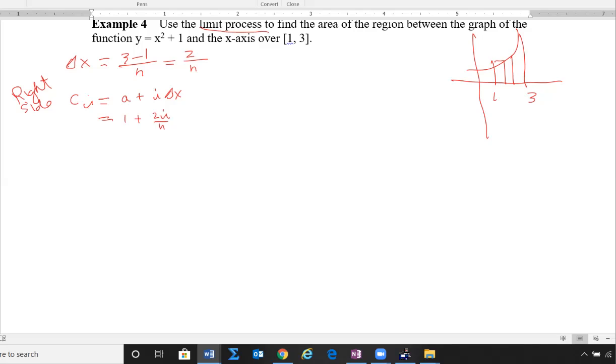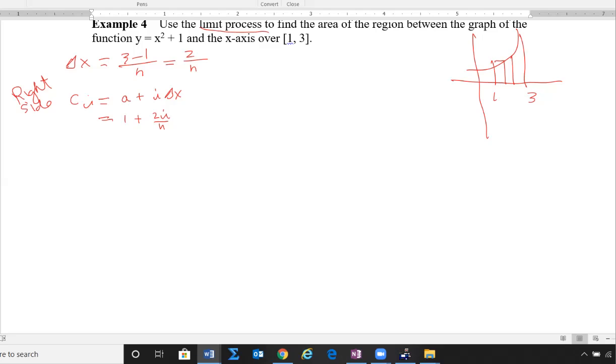Now, when you do this, make sure that it gives you what you want. Notice when i is 1, I will start at 1, and then I'll add 1 increment of delta x. And that would put me at my next edge here, the right side of the first rectangle. And if I added 2 of those, I'd be at the right side of the second rectangle. So this does give me what I want.